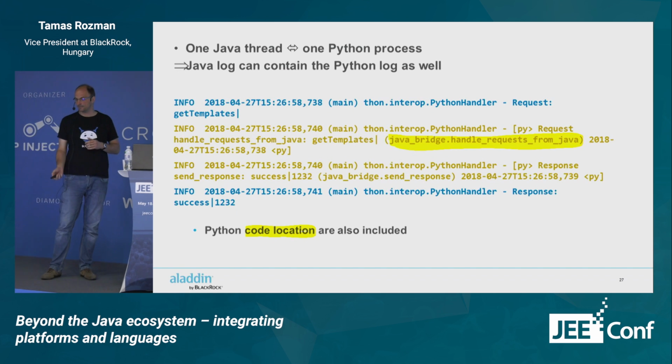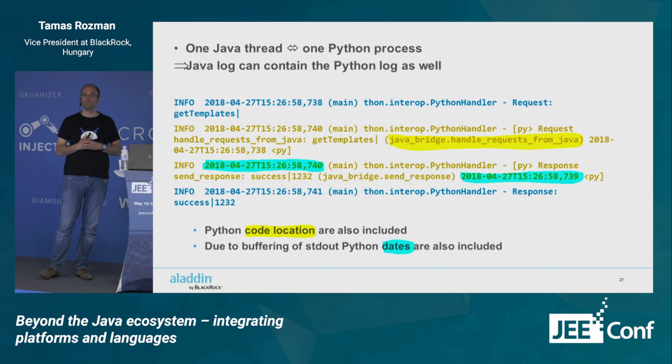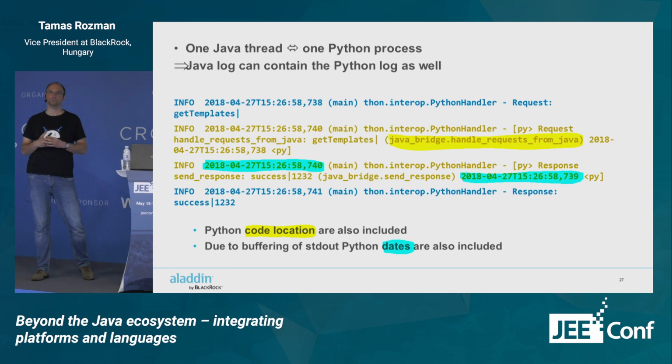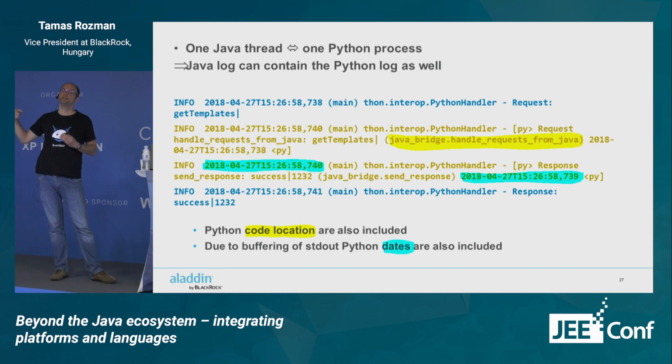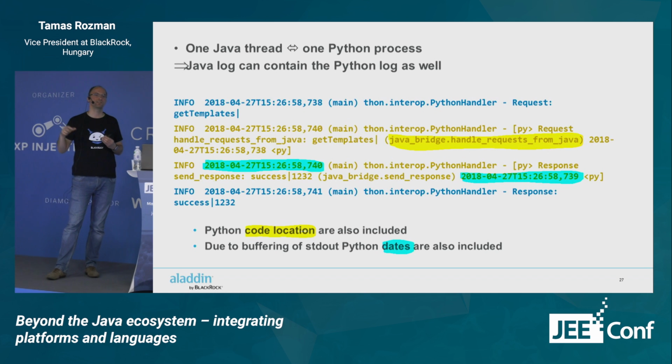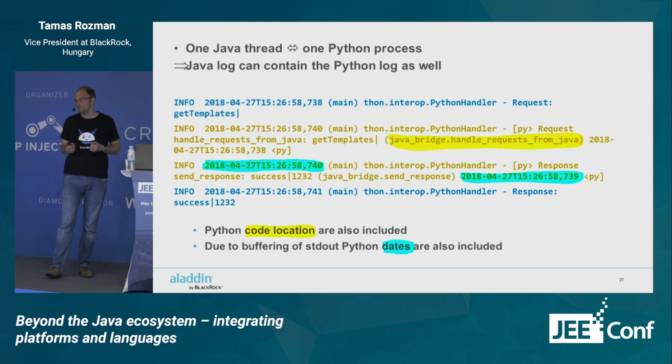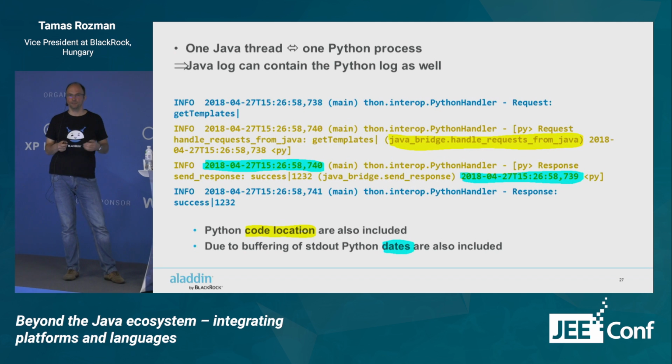And the other thing is that standard output is buffered. So it can happen that you're writing logs on the Python side, but you are in a long-running calculation, and Java will pick up that log message several seconds later. So that's why we also include the Python timestamp for reference.